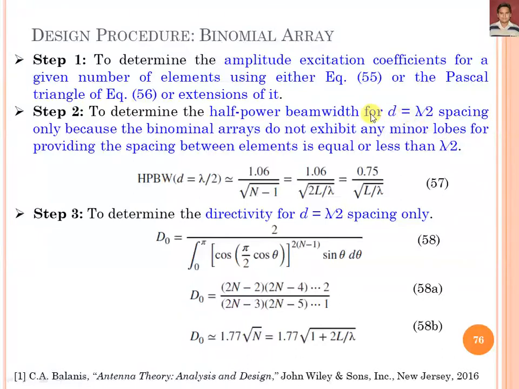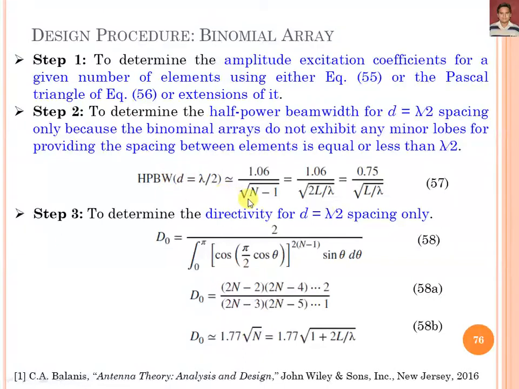This is important in the case of the binomial array. When we consider the distance d equal to lambda by 2, no minor lobe exists in the binomial array.